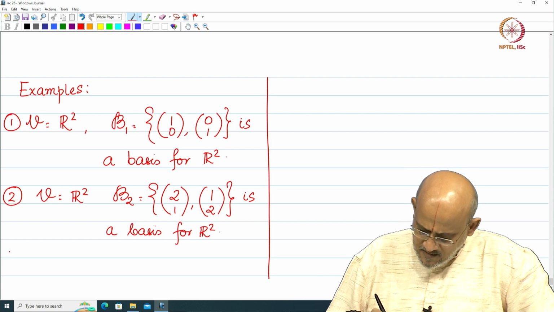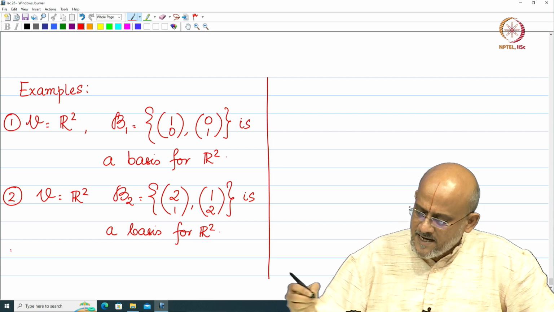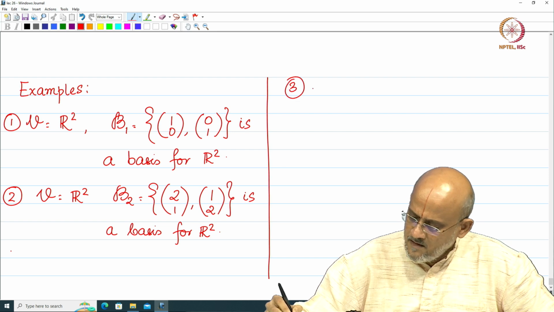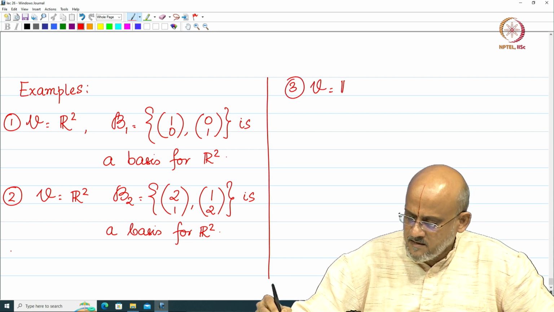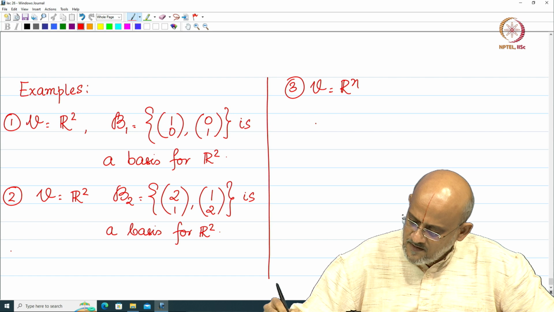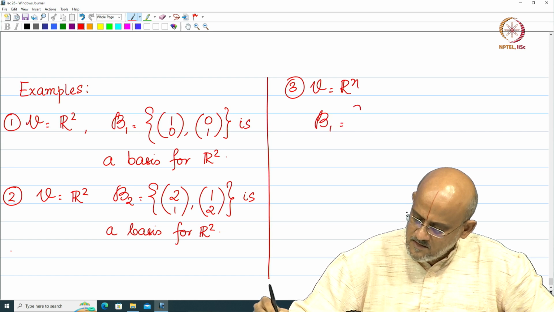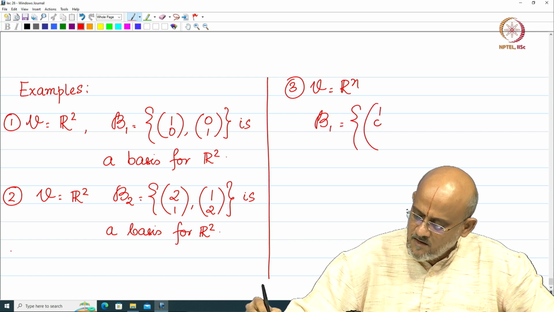Therefore, extending this, we can actually look at the vector space Rn. I am going to define my basis here. B1 is the vector with 1 and all other n minus 1 components 0.